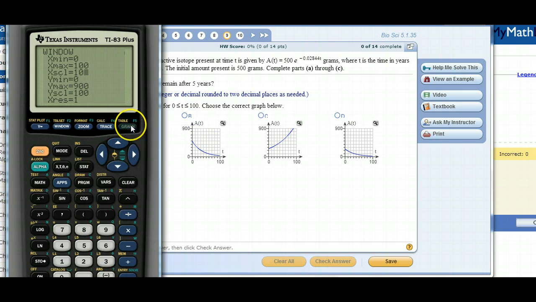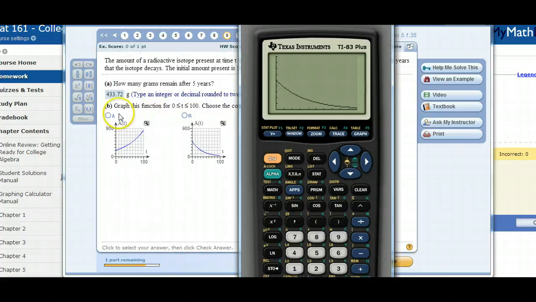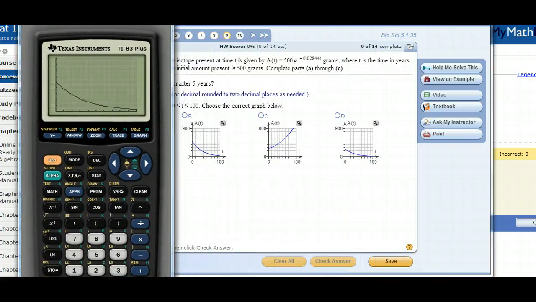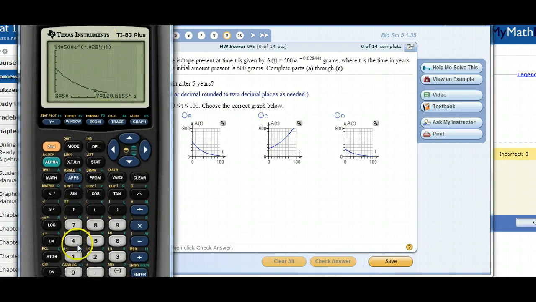Now we're just looking to see which one of these graphs matches what I see on my calculator. Obviously it's not this one. Definitely not this one. So it's got to be B or D. If I hit trace and plug in 0, I can get the initial value.